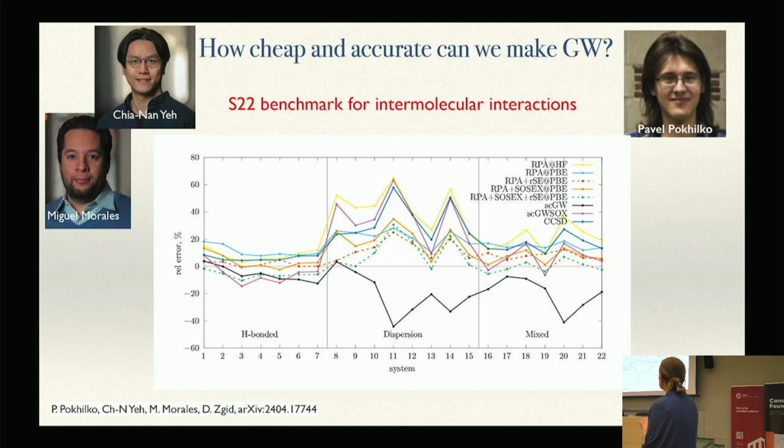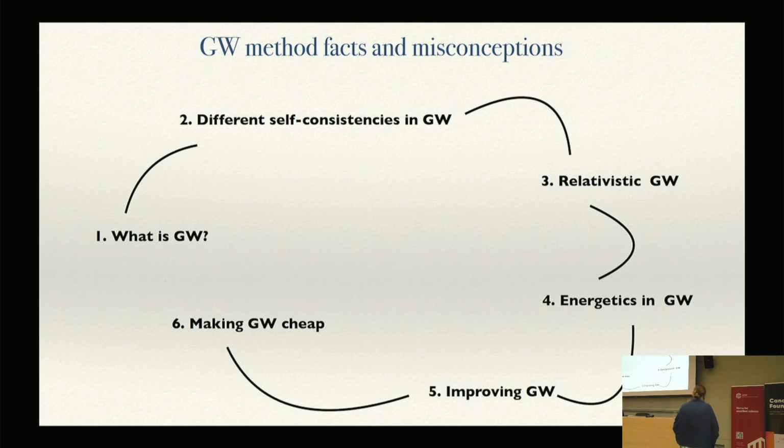And you can see this is the SCGW curve. These are the RPA curves. They depend on the reference. When one does add the vertex on fully self-consistent GW, one basically gets into this regime. So it can be converged accurately enough to evaluate interaction energies.